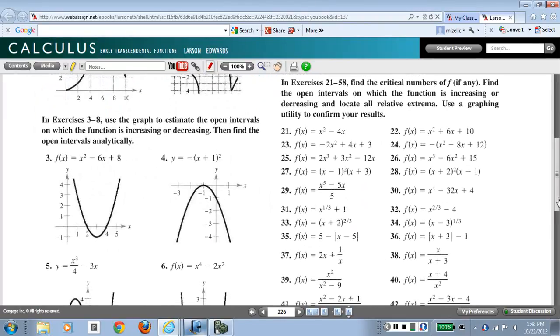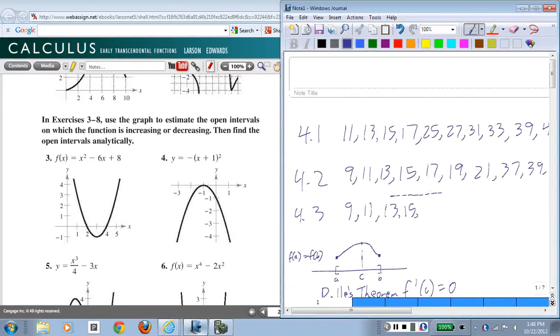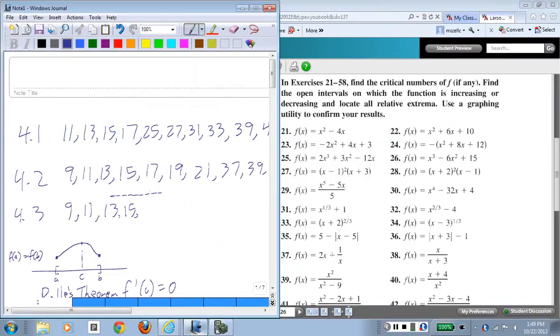Find the critical numbers. Find the open intervals on which the function is increasing or decreasing. Locate all relative extrema. 25 looks good. 27 for sure. 31 and 35, they're not polynomials, but that's probably a good thing.